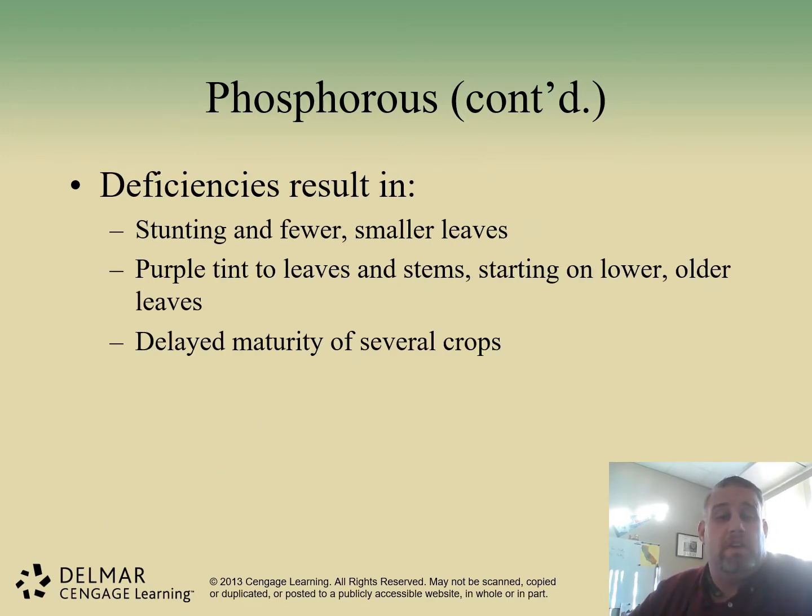When we have deficiencies, we have stunting and fewer or smaller leaves, a purple tint to the leaves. These will be on the lower, older leaves, and then delayed maturity in crops. I've always been taught when you start to see fruit, you start to throw phosphorus.